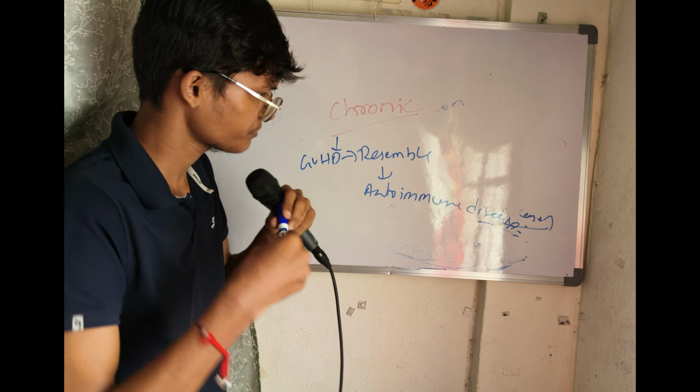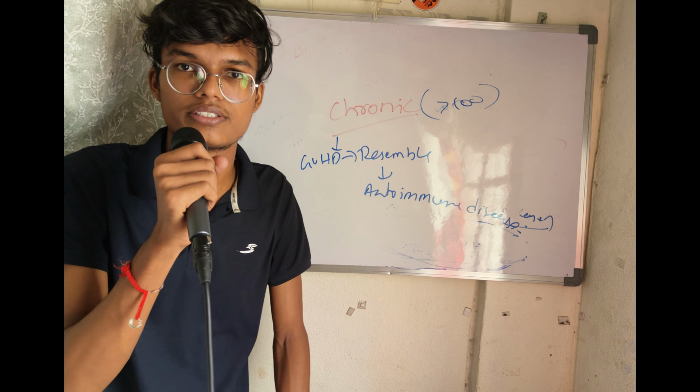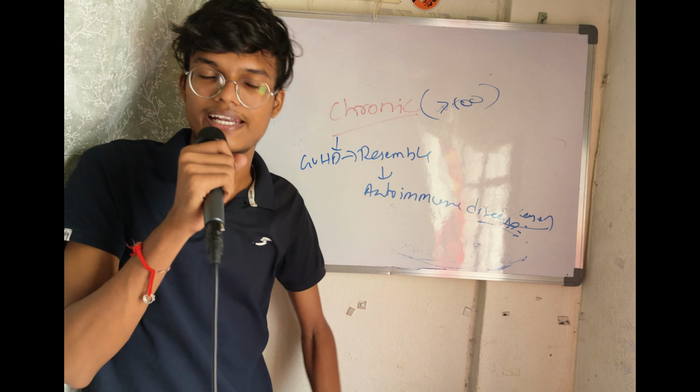So this chronic stage will resemble autoimmune disease. How? In the chronic long standing disease, there will be prolonged inflammation, and this will lead to prolonged damage of the tissues.